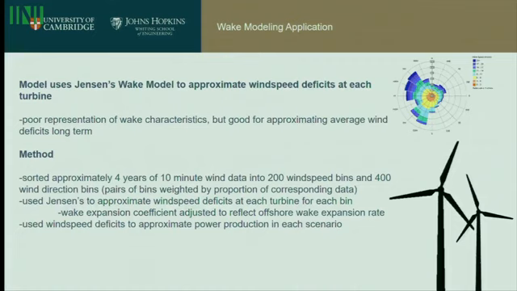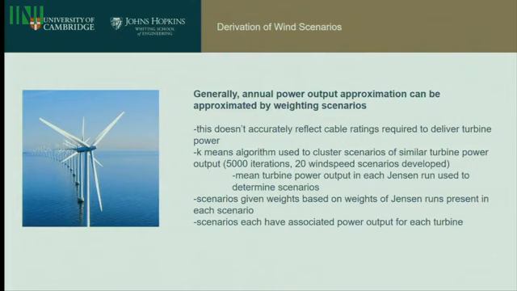So basically, we were taking these variance approximations at different numbers of wind speed and wind direction bins and trying to make sure that with a 95% confidence interval, we were within plus or minus 1% of the actual production of the plant per year, given the specific layout of the turbines in that scenario.